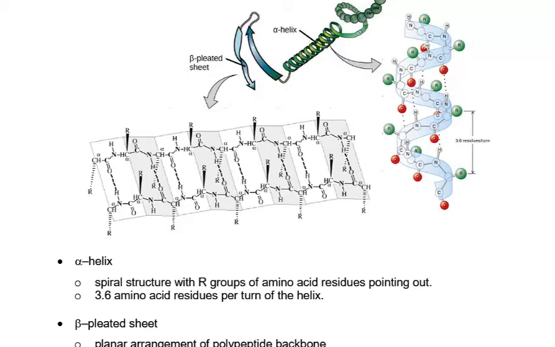The alpha helix provides a stable structure on which to put the amino acid side chains, and they stick out from the alpha helix, away from the helix, so that they can fulfill different functions in the protein.